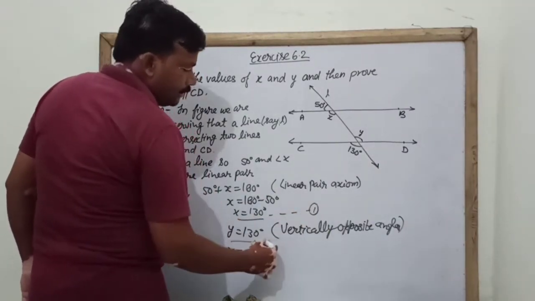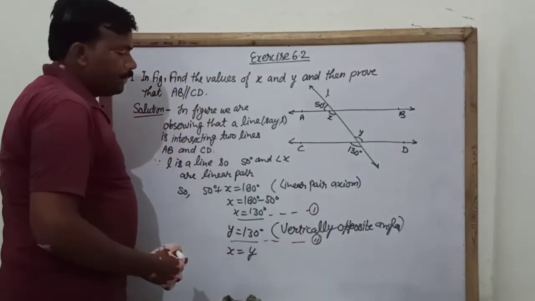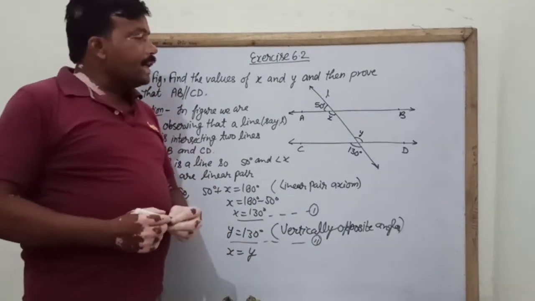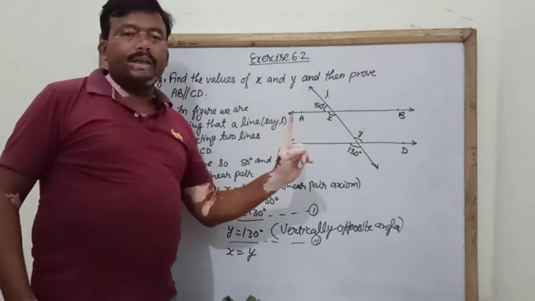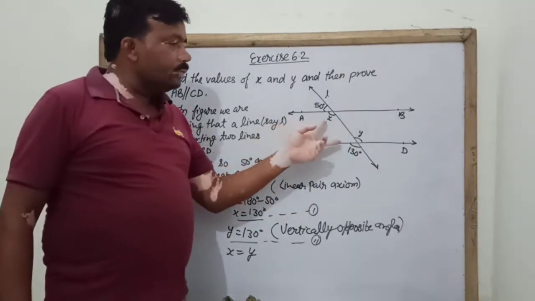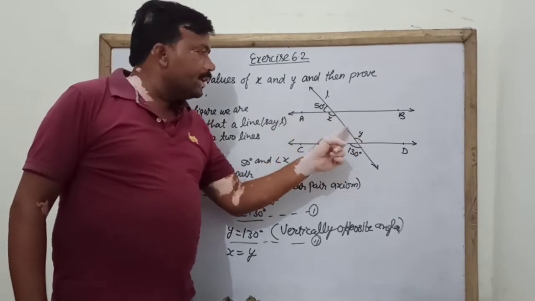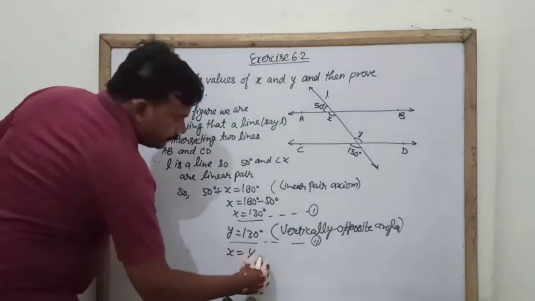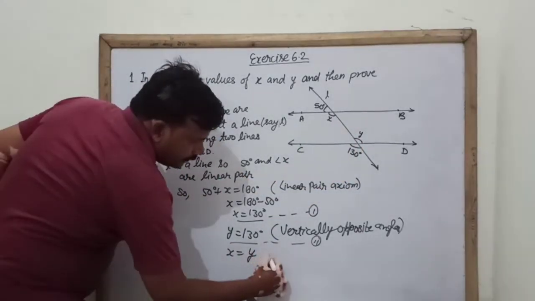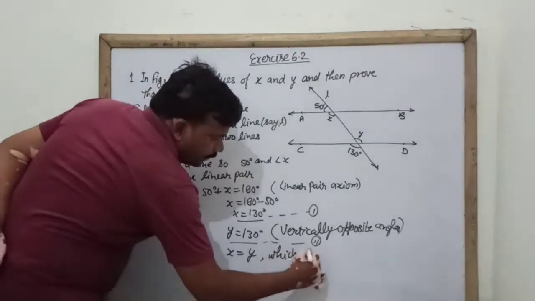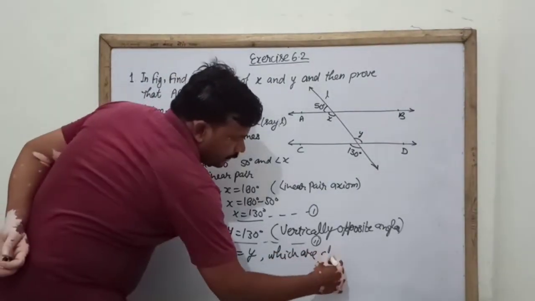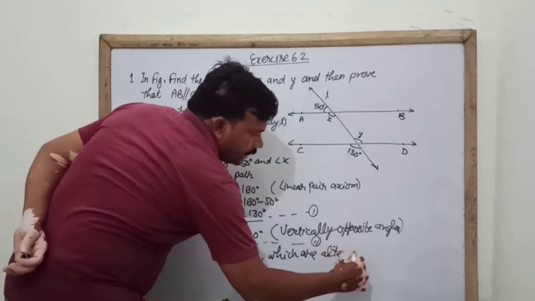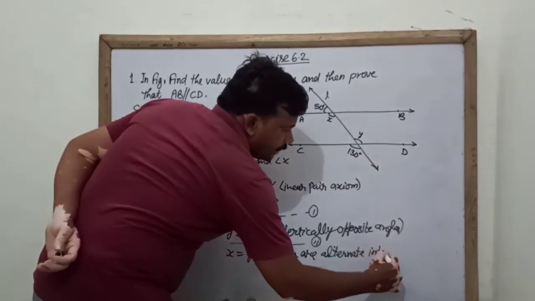From result first and result second, we can say x equal y, and in this figure, we can observe that these two angles are alternate interior angles.